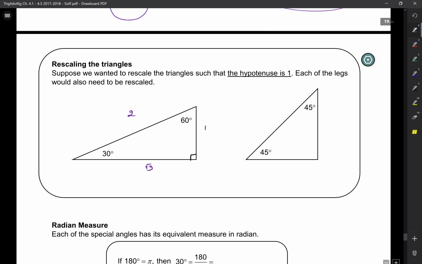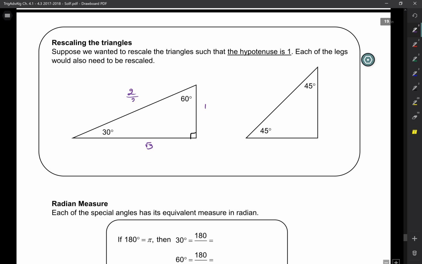Except I can't have a hypotenuse of 2. It needs to be a 1. What can I divide it by to make it a 1? 2. So let's divide that by 2. So we're rescaling. On Photoshop, if you decrease the width of an image, you have to decrease the length by the same amount, right? So now I have to divide everything by 2.